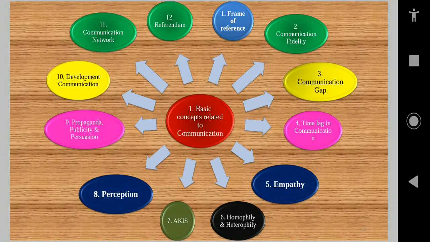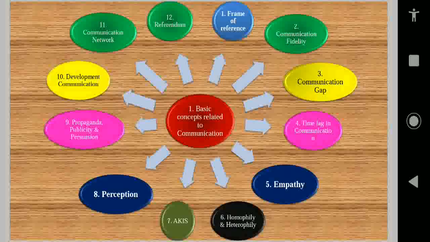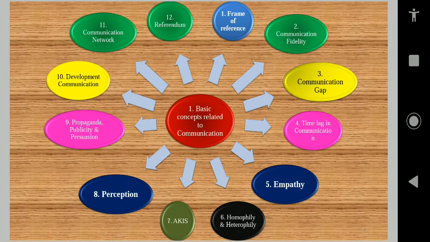Second, the message reaches, but it fails to produce the desired impact. Then also there will be a large communication gap. So these are the two types of nature of communication gap.